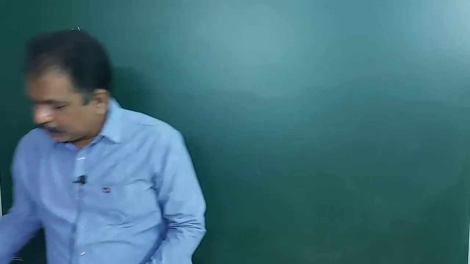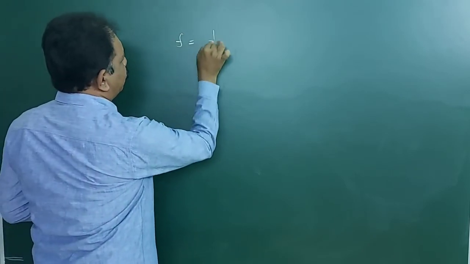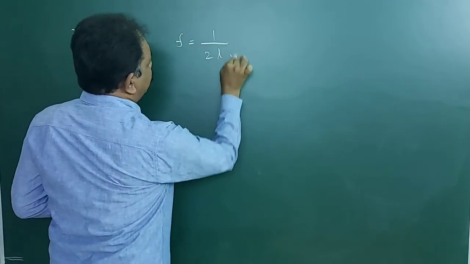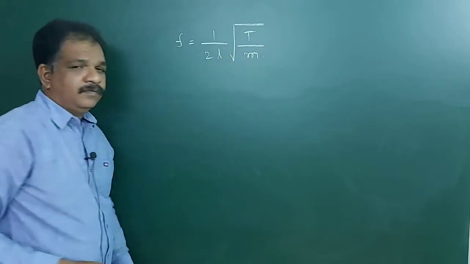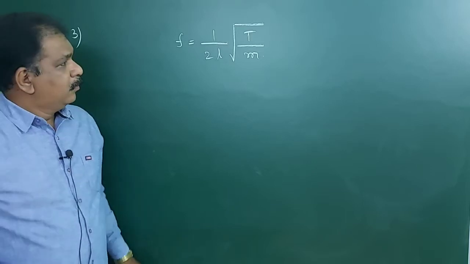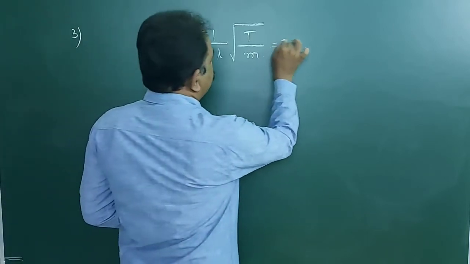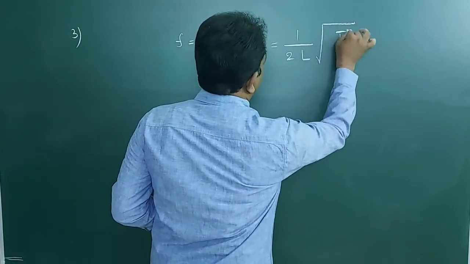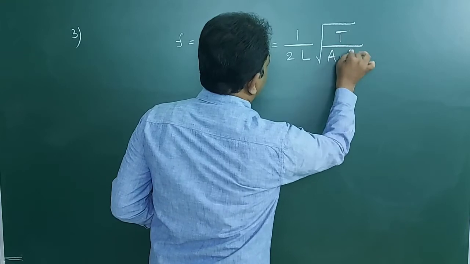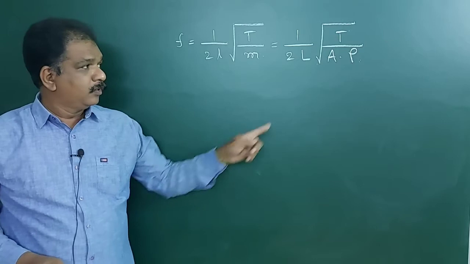So frequency of a stretched string, fundamental frequency, what is the formula? 1 by 2L root of T by M. This is the formula. Mass is equal to A into L into density, they gave rho.